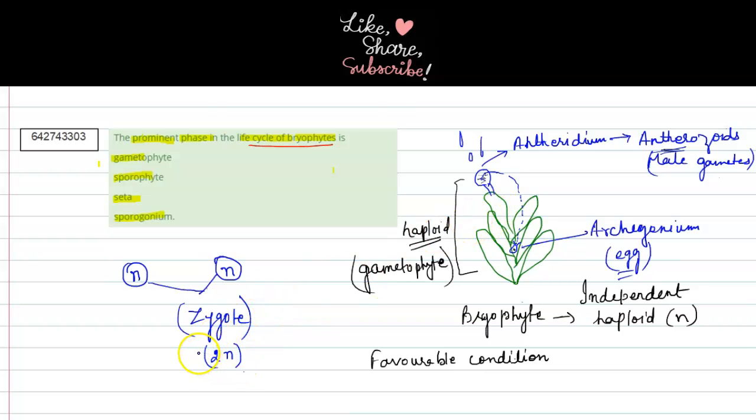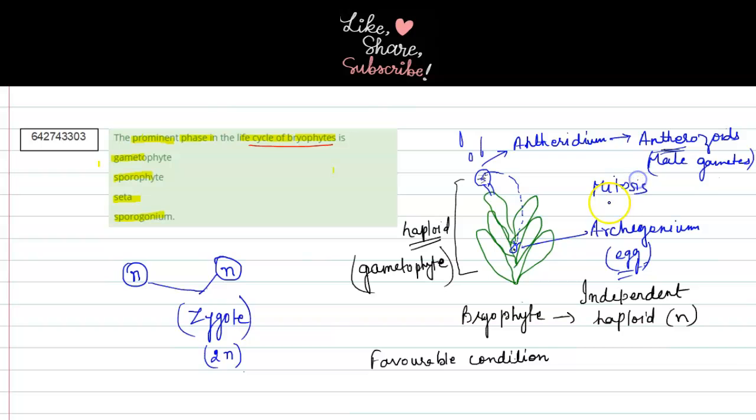So this zygote starts to undergo mitosis. Here the production of the gametes, the antherozoid and the egg, has also taken place by mitosis.